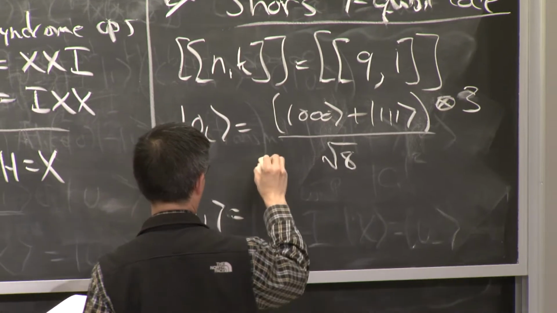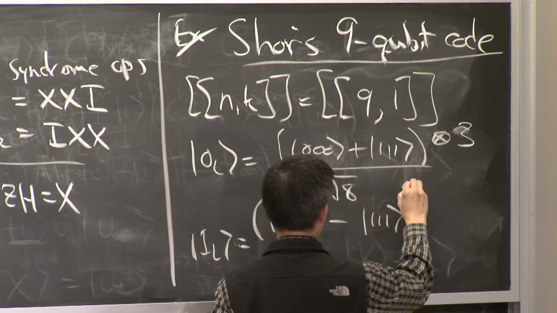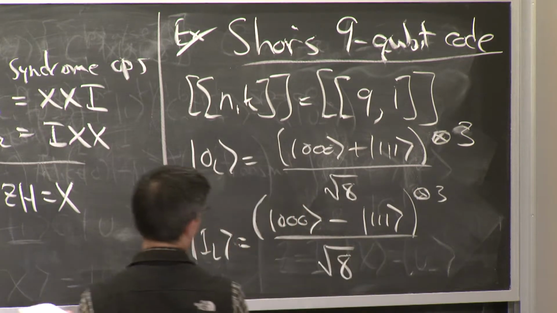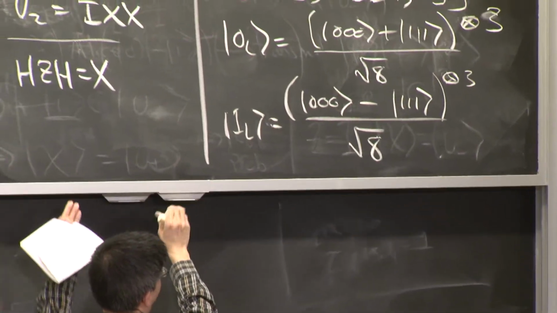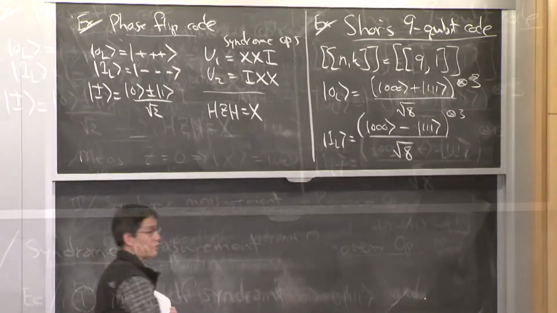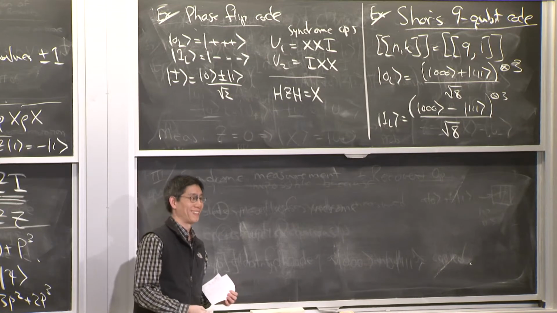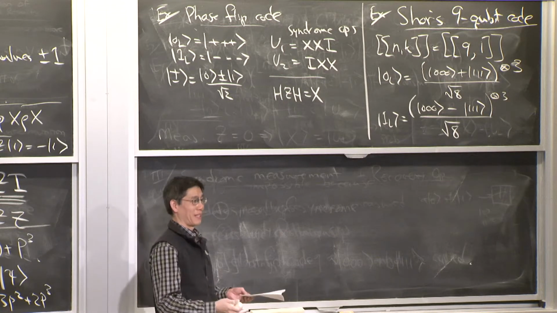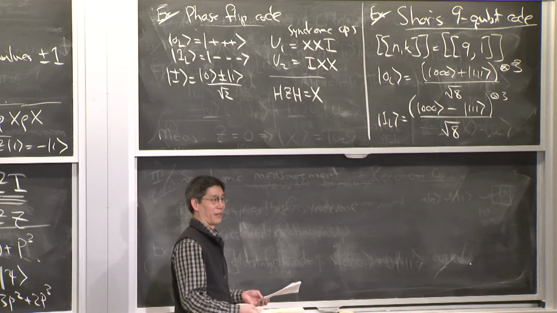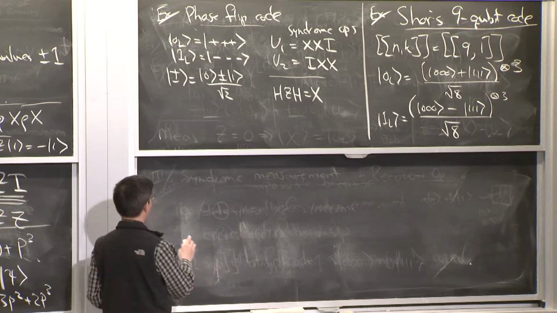And logical 1 is 0, 0, 0 minus 1, 1, 1, tensored 3 times, divided by square root of 8. Now what I want to give you is the syndrome operators for Shor's 9-qubit code, because that way you'll know what the entire error correction procedure is. You can figure out what the recovery operators are fairly straightforwardly. But the syndrome operators might not be so obvious.